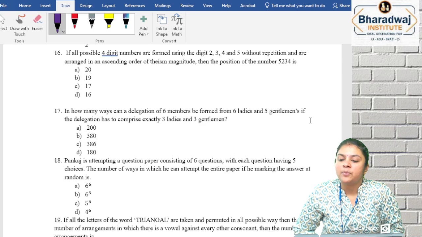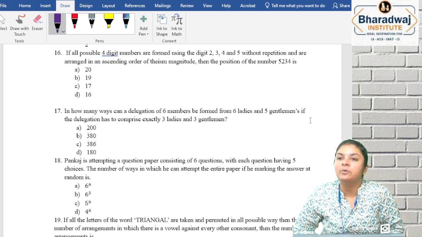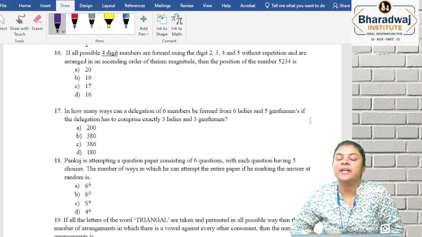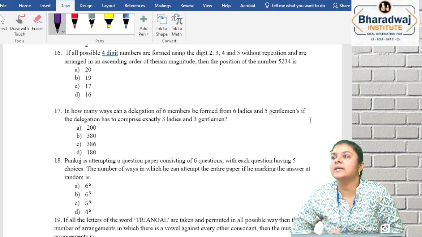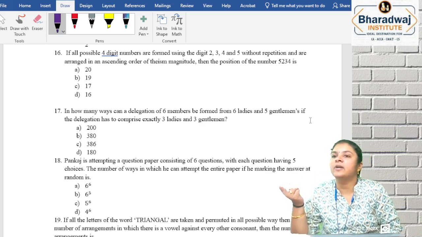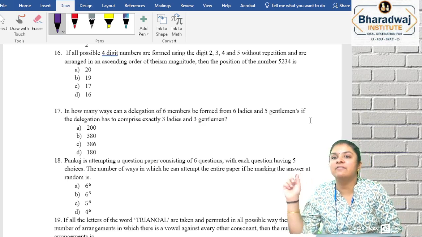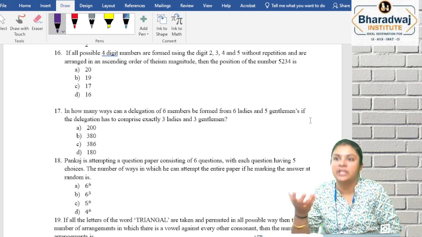If all possible 4-digit numbers are formed using 2, 3, 4 and 5 without repetition, and arranged in the order of their increasing magnitude, then the position of the number 5234 is. In your practice you would have learnt a dictionary question: arrangement of the word, where will it appear in the order of the dictionary, the ranking in the dictionary.